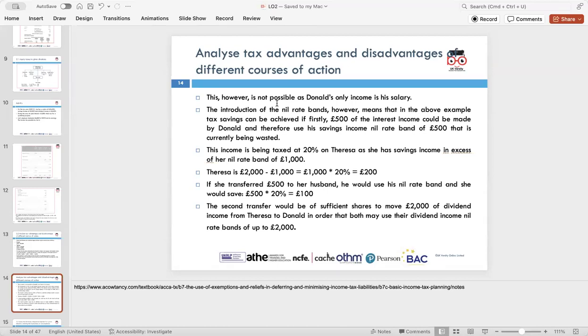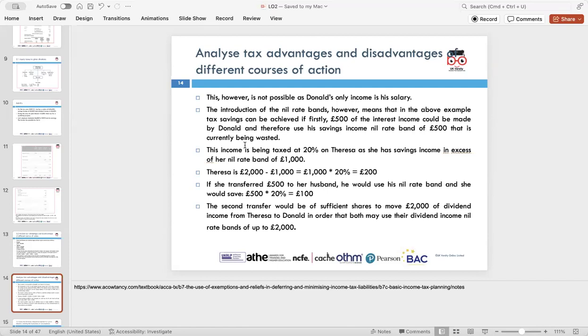To maximize tax efficiency, we can consider transferring £500 of interest income from Teresa to Donald, as there is his savings income nil rate band of 500 that is currently being wasted. Teresa would then save £100 in tax, 20% of £500, since the transferred amount falls within Donald's nil rate band.